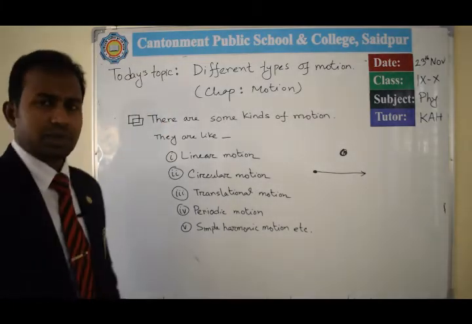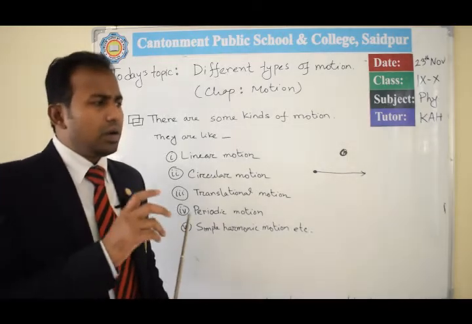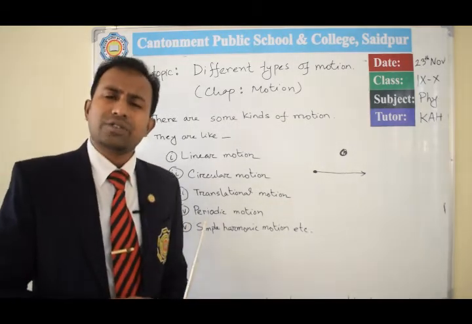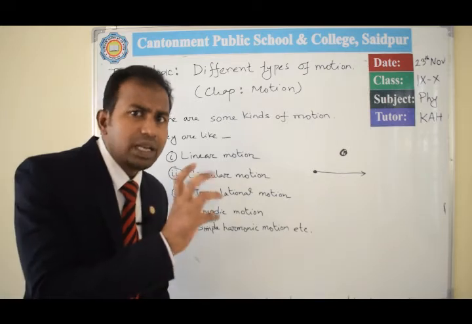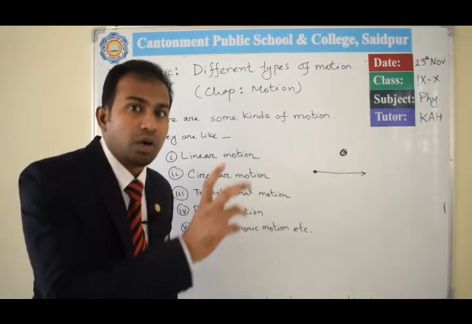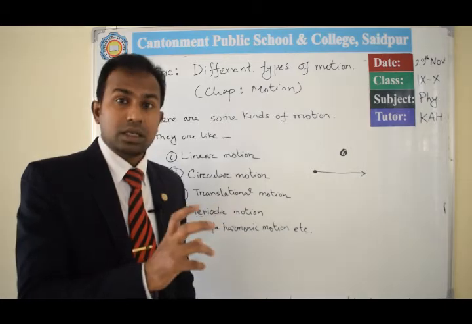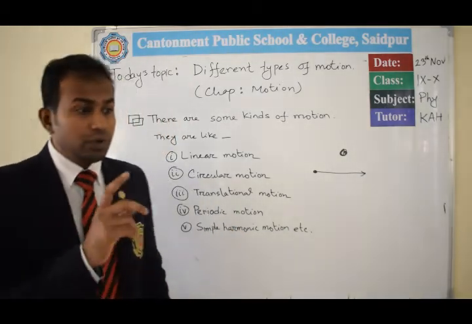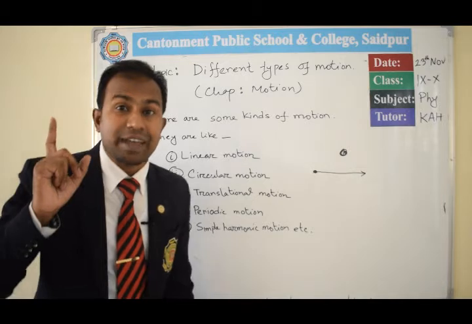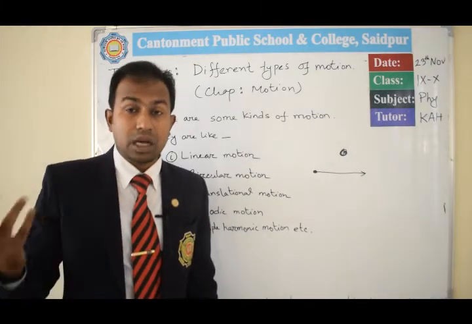Now circular motion. If we look at our surroundings, we can find that whenever a car is moving, the car's wheels are going around. We are also very familiar with the ceiling fan in our houses.